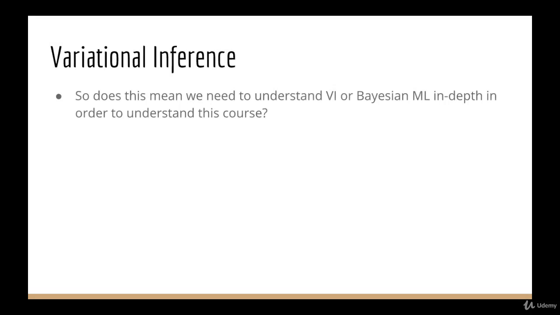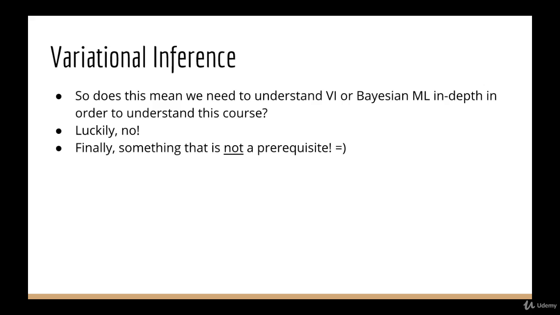So does this mean you have to understand variational inference in order to understand this course? Luckily, no. You must be happy to hear that there is finally one topic that is not a prerequisite to this course. So why don't we need to understand variational inference in order to understand variational autoencoders?